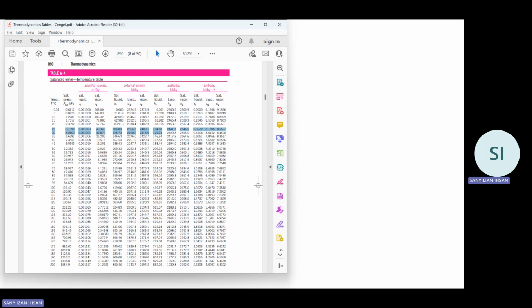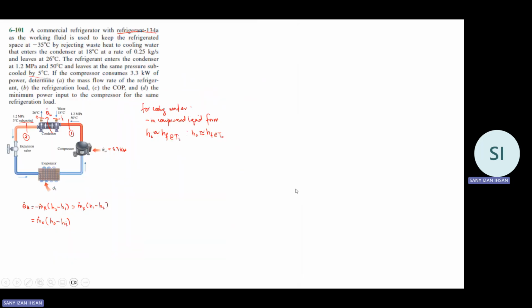Let me summarize, going back to our problem. From table A4, you can see your temperature and your H, in kilojoule per kilogram.